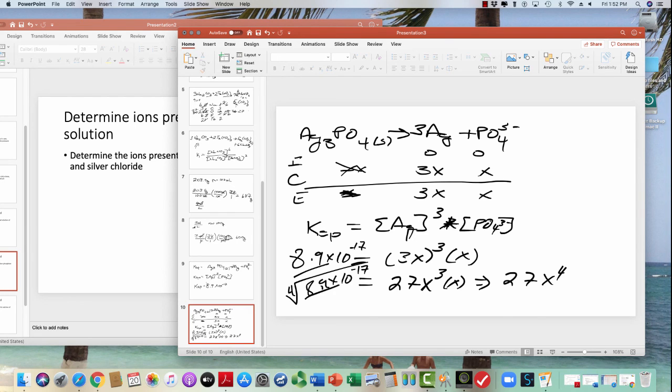Then take the fourth root, and x is going to be 4.26 times 10 to the minus fifth.